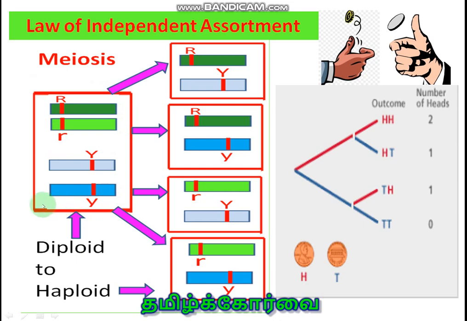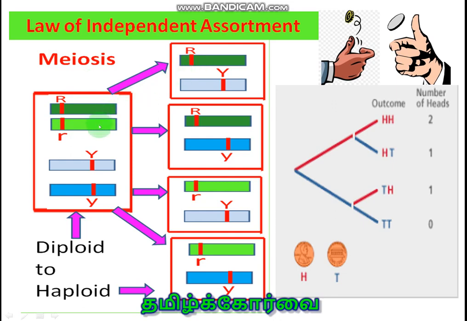F1 generation cell, and it consists of a pair of chromosomes. You see, a pair of chromosomes with pairs of alleles, capital R small r, capital Y small y. Now, when, for example, a pollen mother cell undergoes meiosis, definitely from each pair, only one can enter into a gamete.